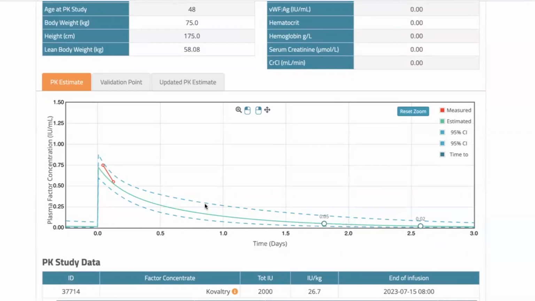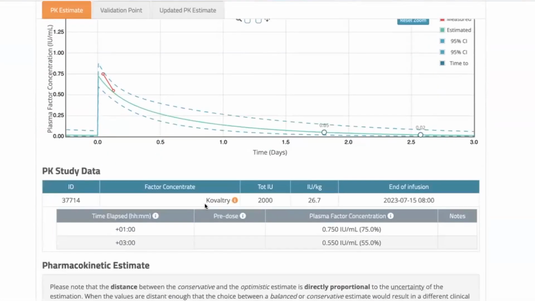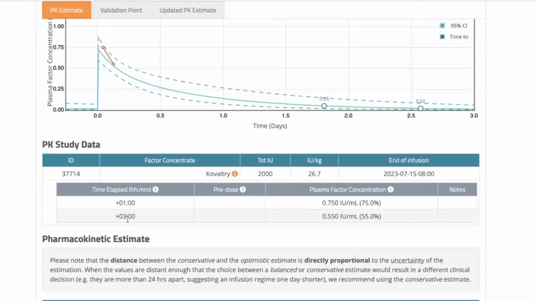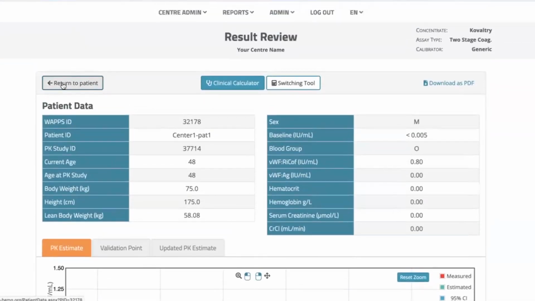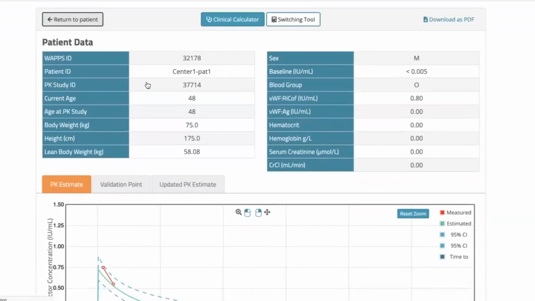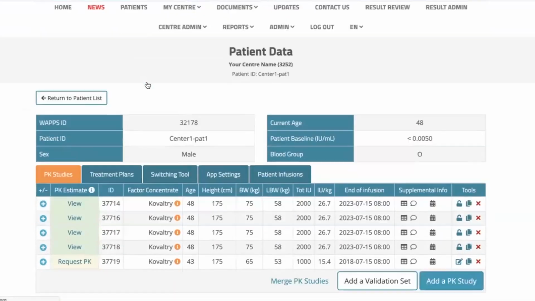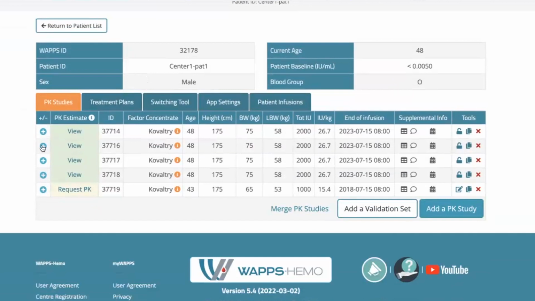They are quite apart. And we are estimating using 1 hour and 3 hours. Now let me go back to the patient page, and I use this second PK.